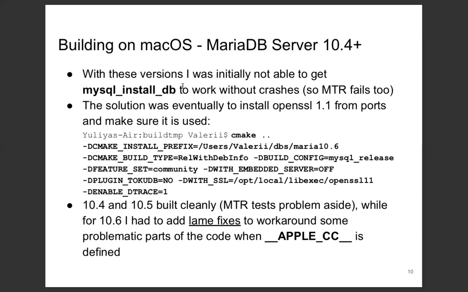So before I proceeded with a supported OpenSSL version, as you can see in the case of 10.6, this CMake command line resolves the problem. I had to make yet another fix for 10.4 and 10.5. Pointing to the proper OpenSSL just helps and works.